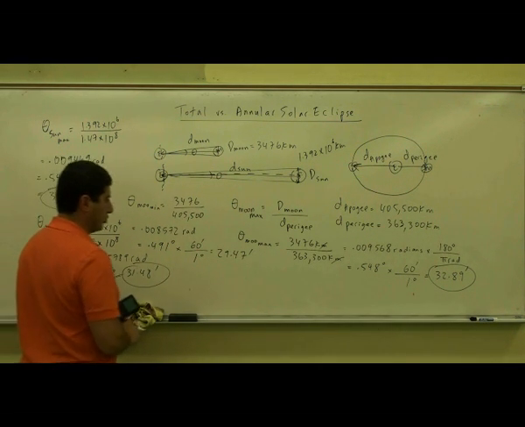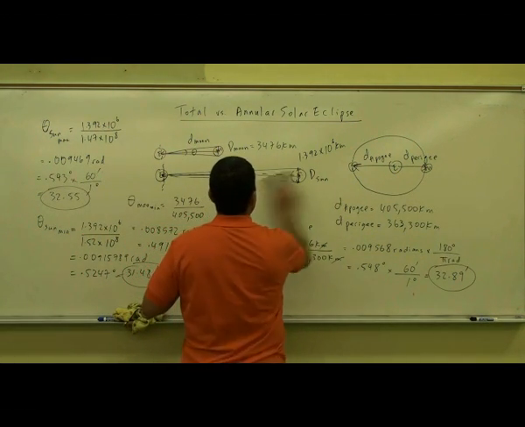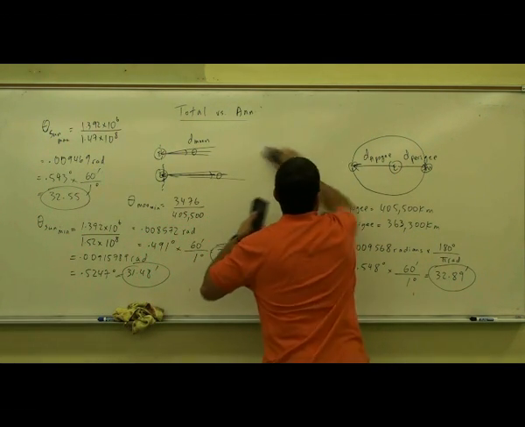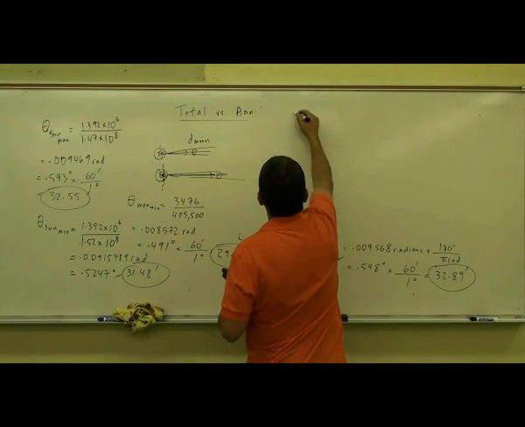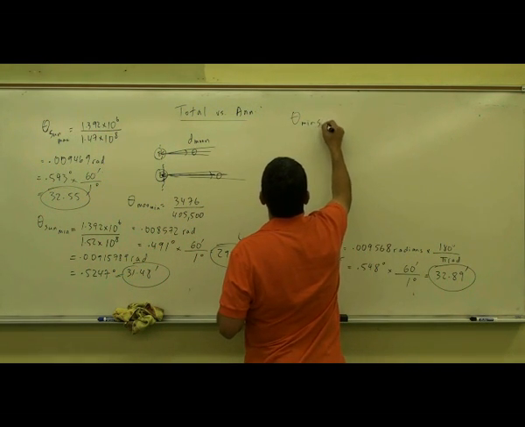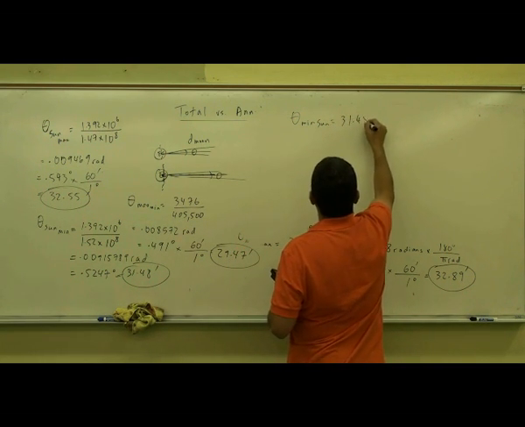Okay, so let's put this all together so you can visualize here. The minimum for the sun is 31.48 arc minutes.